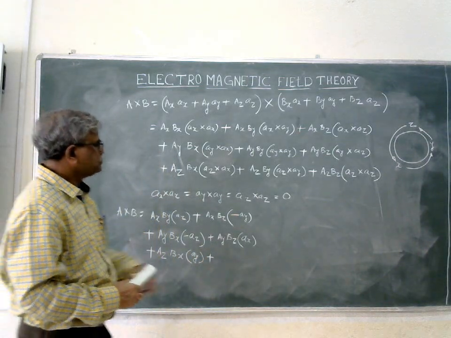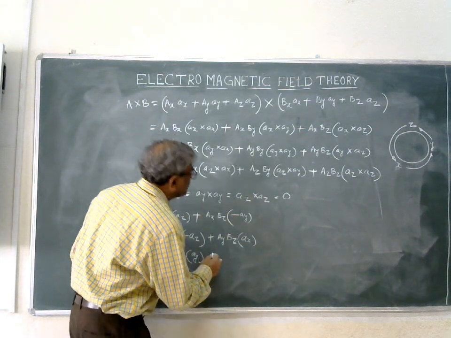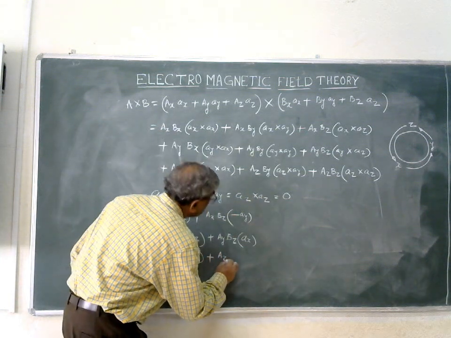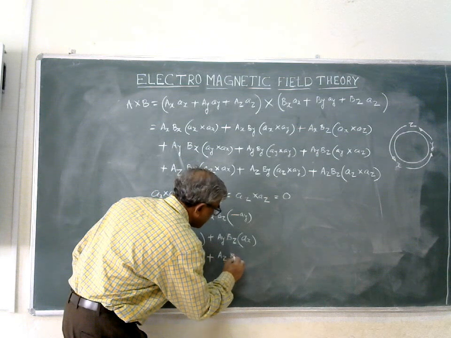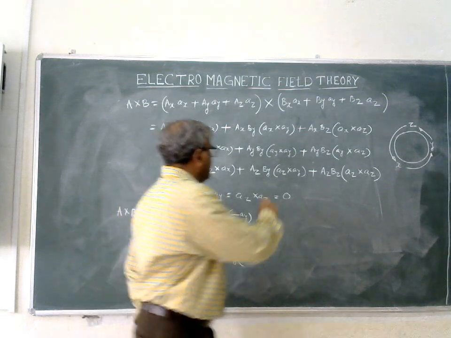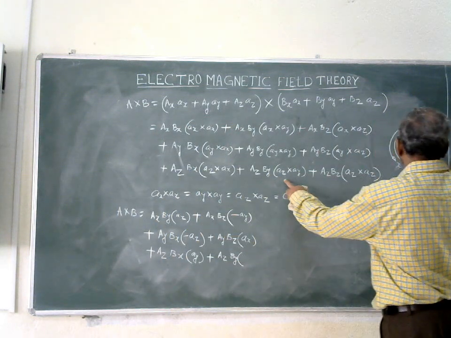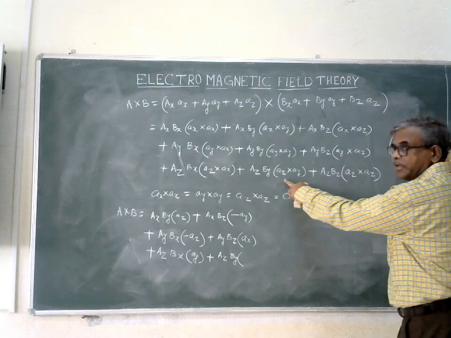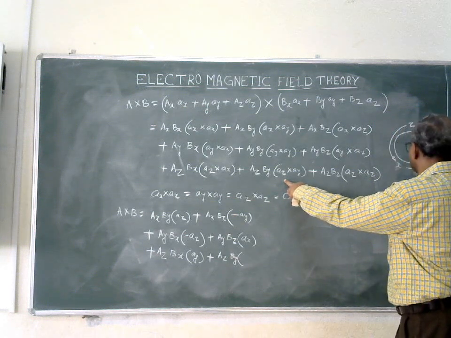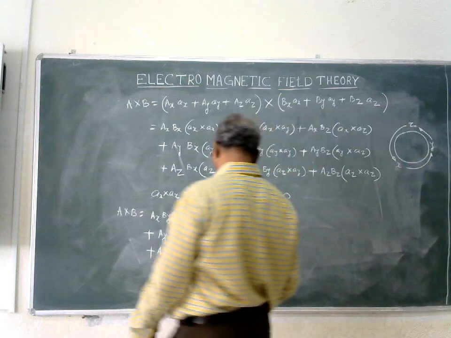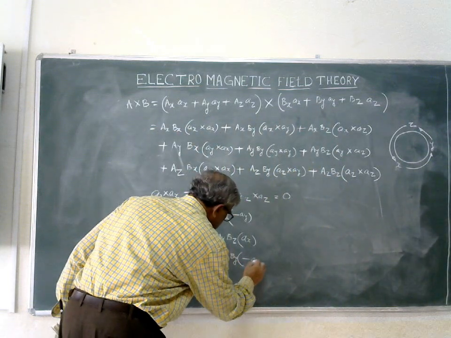Next, Az By: Z is rotated towards Y, which is in the negative direction, so you get minus ax.